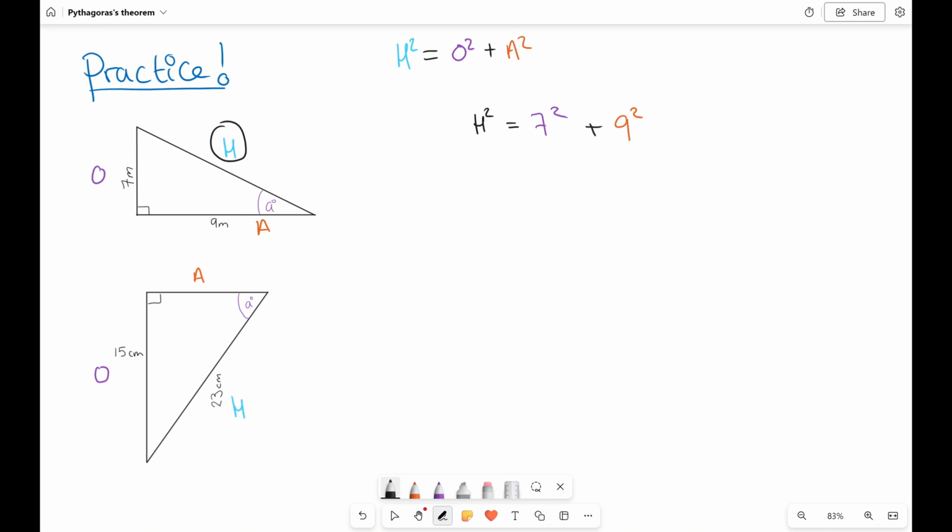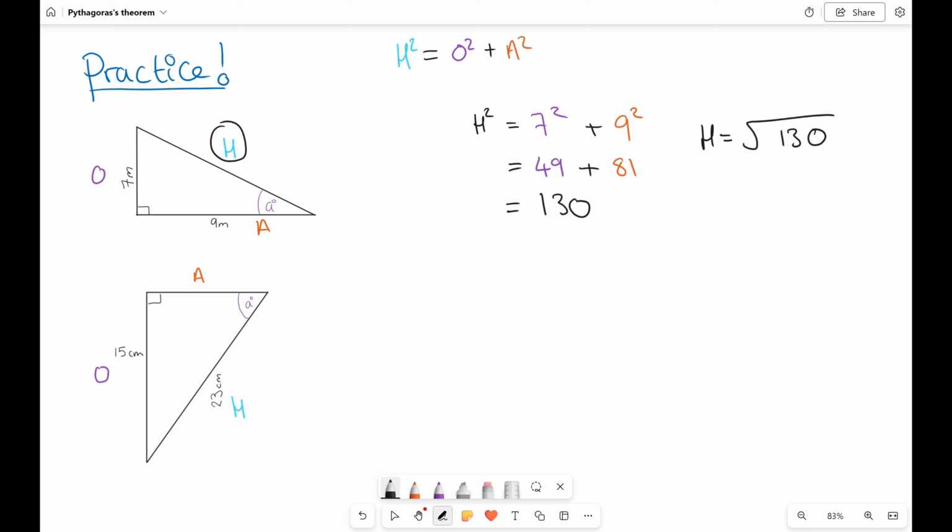So then we're going to write these down in here. 7 squared is 49, and 9 squared is 81. And then 49 plus 81 is equal to 130. That's h squared, so h is equal to root 130.